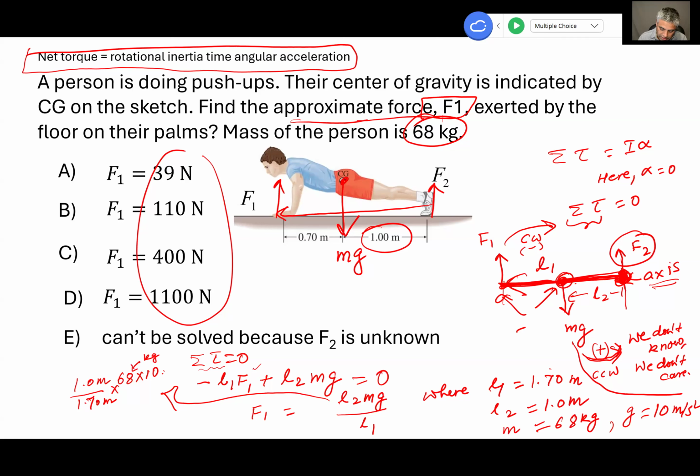Kilogram here, meter over second squared over there. So basically that gives you a Newton. This cancels, right? So 680 divided by 1.7.